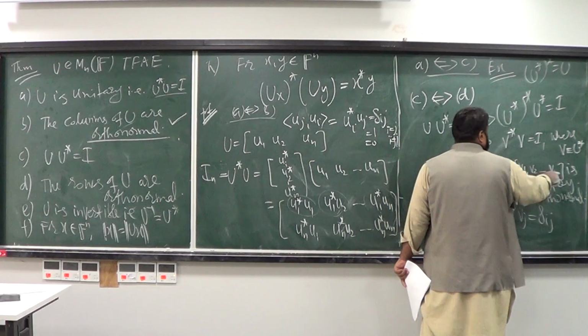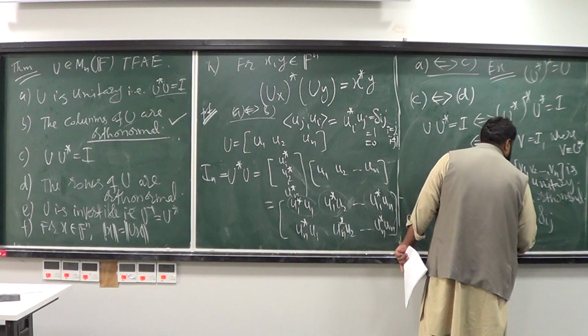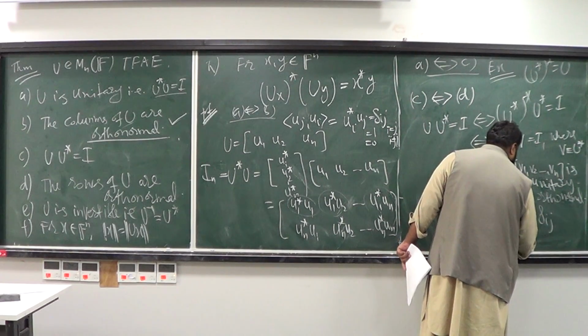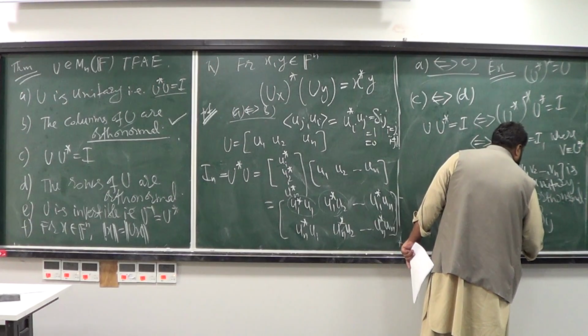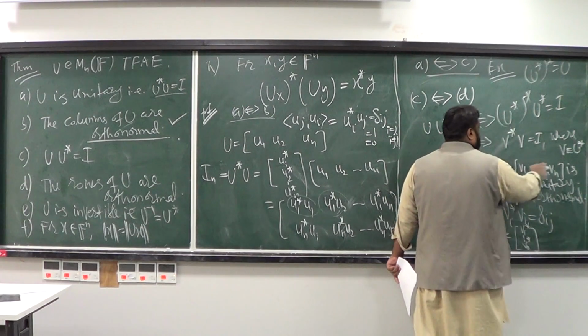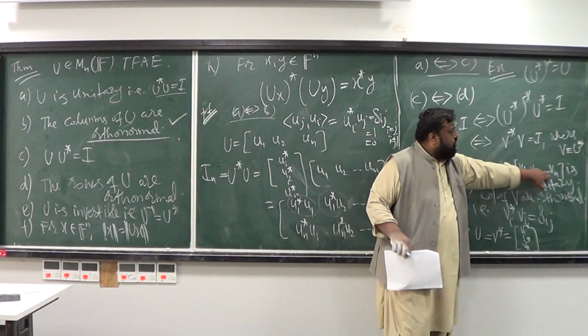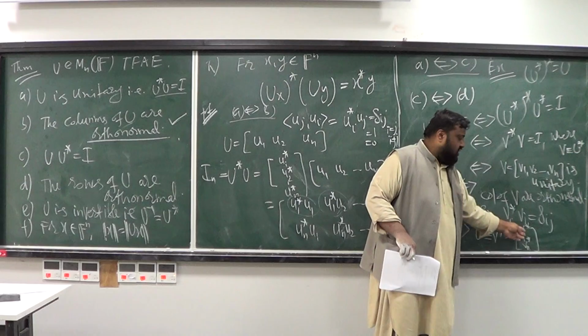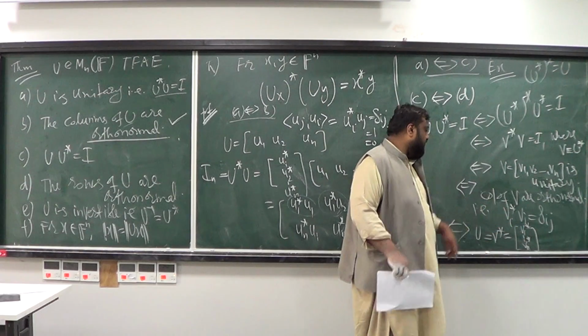These columns will become rows, and you will have their conjugates. So V1 star up to Vn star. You put these as rows. So this would be your V star.